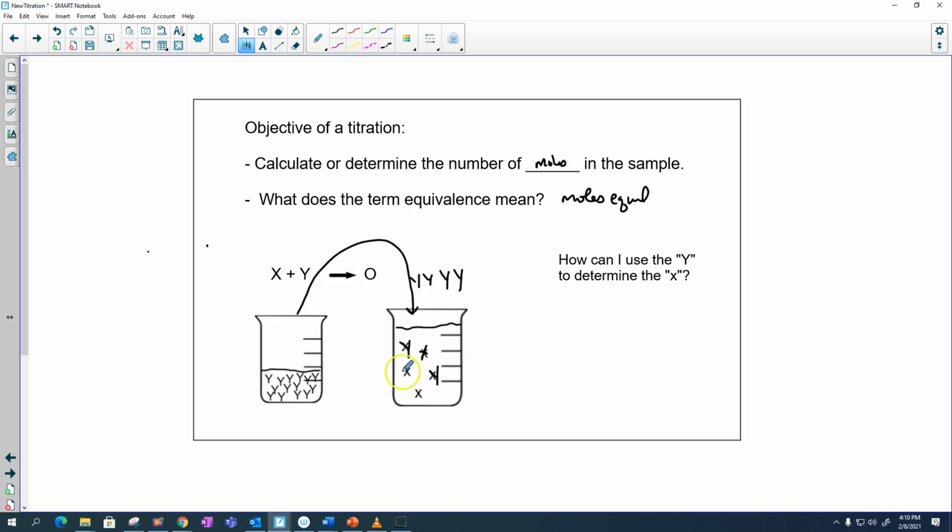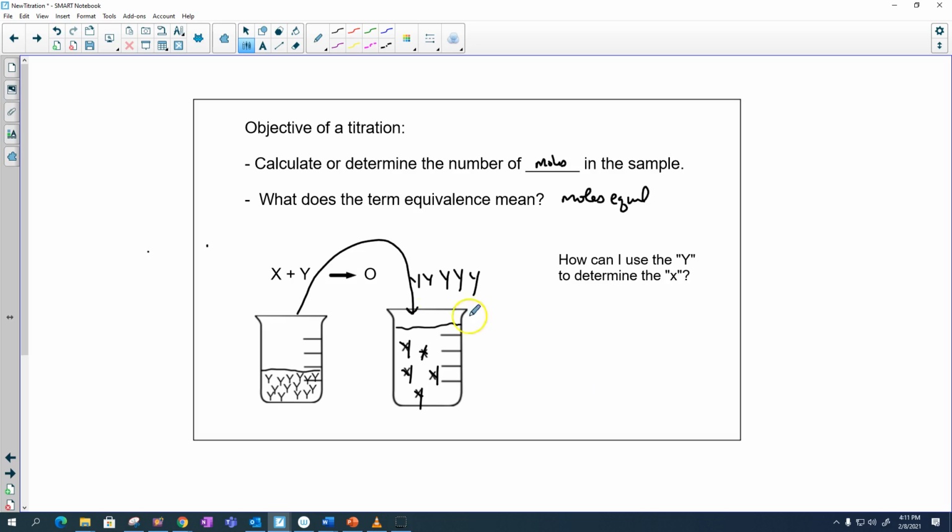And as I add more and more of them, eventually, maybe X is really purplish, and as soon as X is gone, it turns clear. And I'd note that it took 1, 2, 3, 4, 5 Y's to match the one. Well, there must have been 5 X's there to begin with.